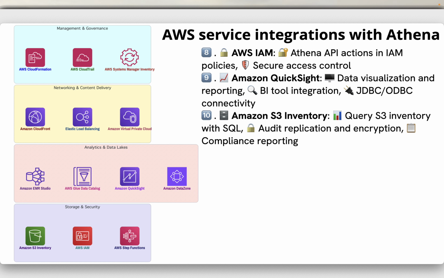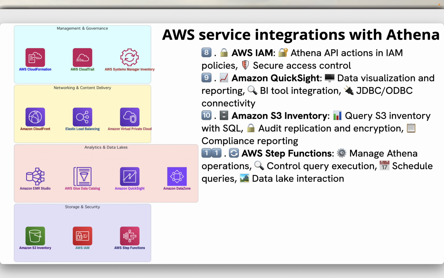Amazon S3 Inventory. Amazon Athena enables querying Amazon S3 inventory using standard SQL for auditing and reporting on object replication and encryption status for business, compliance, and regulatory requirements. AWS Step Functions. AWS Step Functions can manage Athena operations through Amazon States Language, which allows query execution control, result retrieval, ad hoc or scheduled queries, and data lake interaction in Amazon S3.